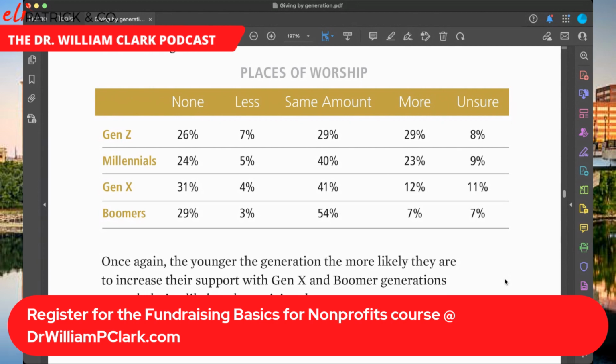Now, historically, we could say, hey, people are convicted to give because of what scripture teaches. And I think there is still something to that. But with newer, younger generations coming on the scene, entering into economic mobility, entering into economic power, learning their earning power, starting that journey on their career.